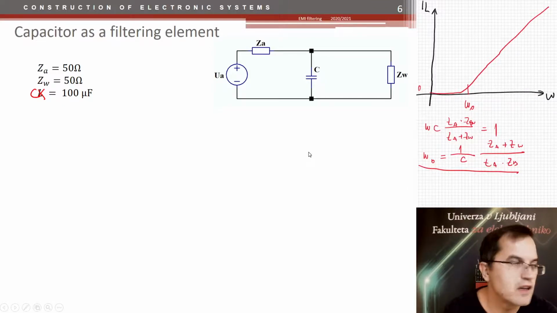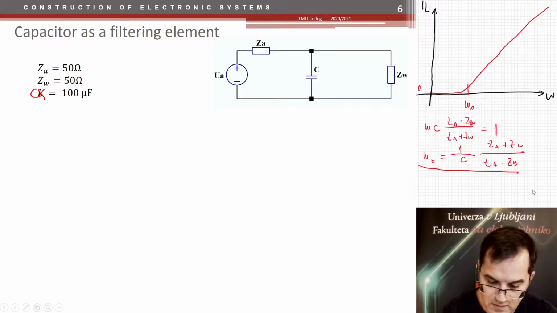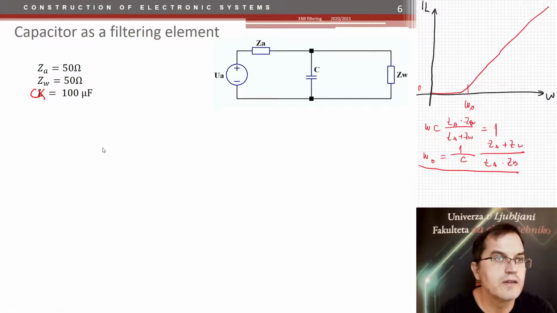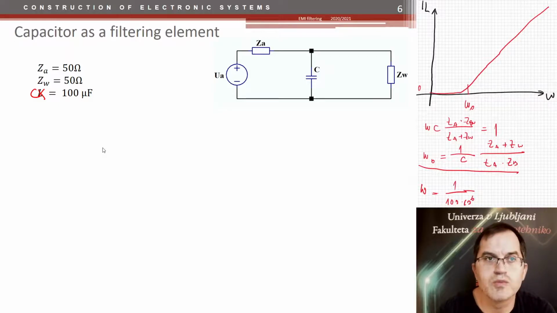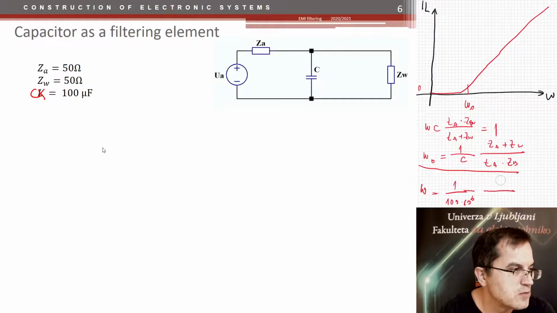So again, we can calculate the corner frequency. The corner frequency in our case would be 1 over 10^-4 times 1 over 25. The parallel connection between 50 and 50 ohms is 25 ohms.